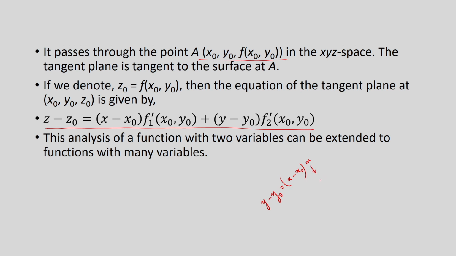This is the derivative or the slope, okay, at this point x 0 y 0. So, this is just a generalization to the case of 3 variables, and it could be generalized further if you have n number of variables, then it could be extended to that case as well.